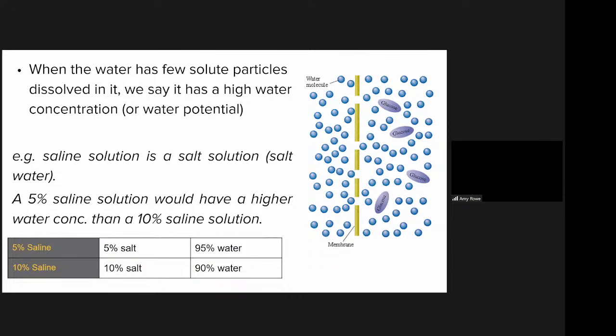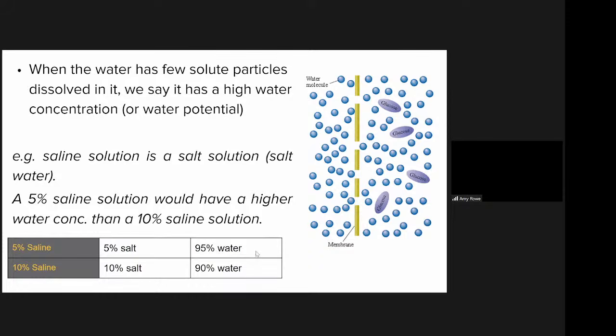If we have a 5% saline solution, this means that 5% of our solution is salt and 95% of our solution is water. If we compare this to a 10% saline solution, that means that 10% of our solution is made up of salt and 90% is made up of water.